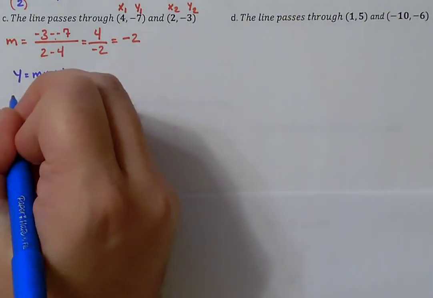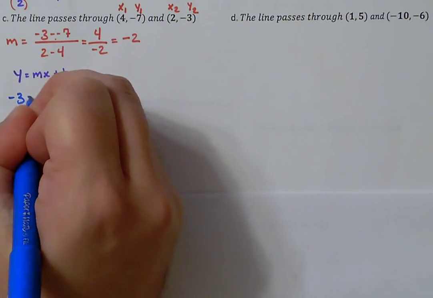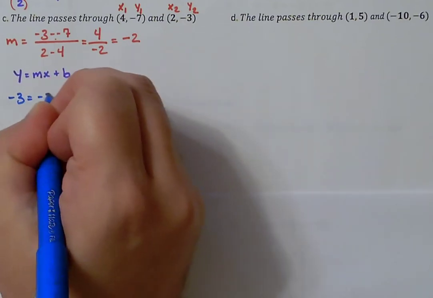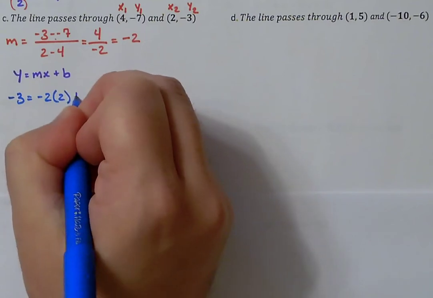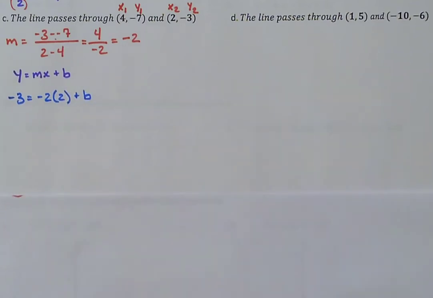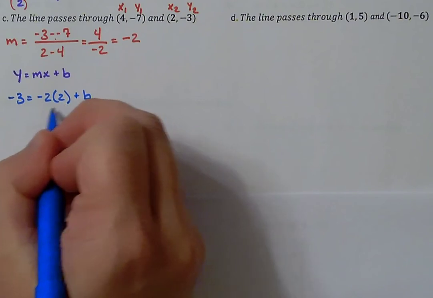So negative 3 is going to be my y. My m is negative 2. My x in this case is 2. So I have negative 3 equals negative 2 times 2 plus b. If I go through and solve, we're going to multiply this first.